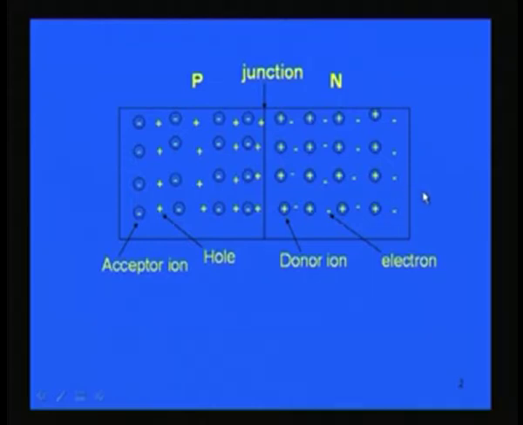positively charged respectively. Now, there will be a concentration gradient of holes from the p to n side, as well as a concentration gradient of electrons from the n to p side.